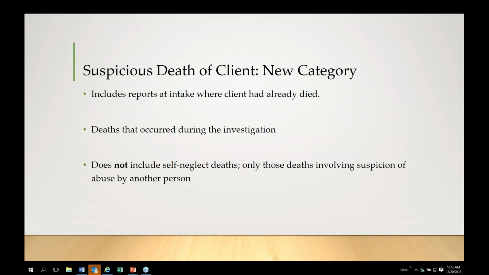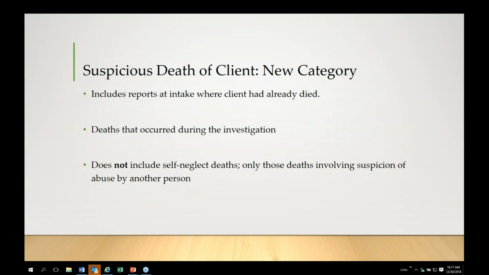Okay, another new category we're going to have is suspicious death of a client, and it's a little tricky here because it includes reports at intake where the client has already died. You are not opening cases on dead clients. We haven't done that in the past. There's no client to provide social services to, so we're not doing it now.